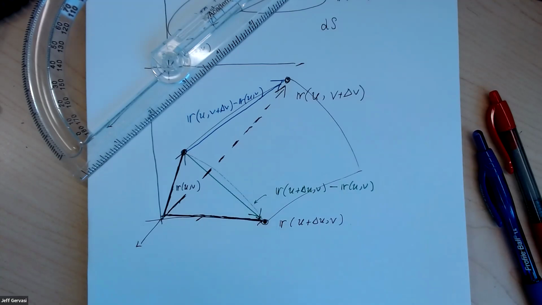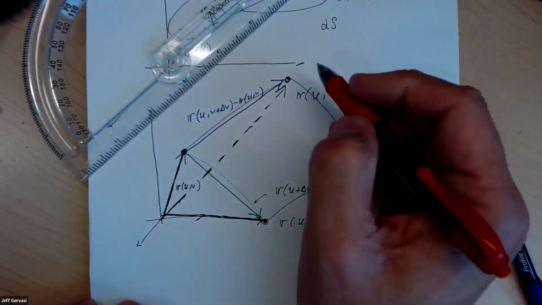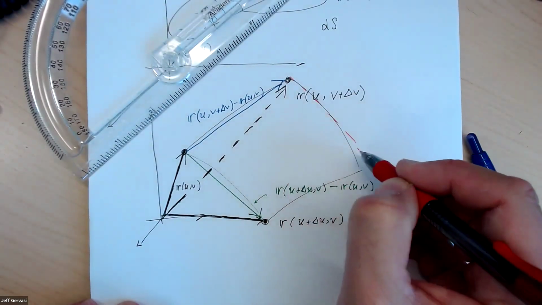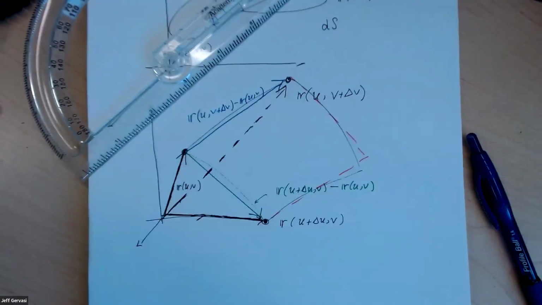How's that look? Why does that matter? Because, remember from your earlier work, the blue vector and the green vector are adjacent sides of a parallelogram. I can draw my parallelogram like this, I'll use red for that. Notice that the area of that parallelogram is essentially the same as the area of the little patch underneath of it.